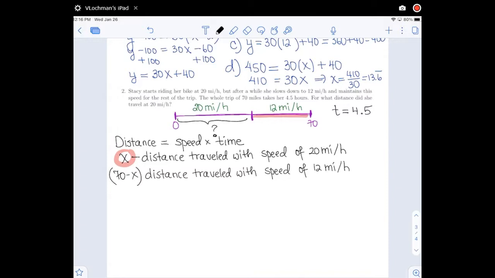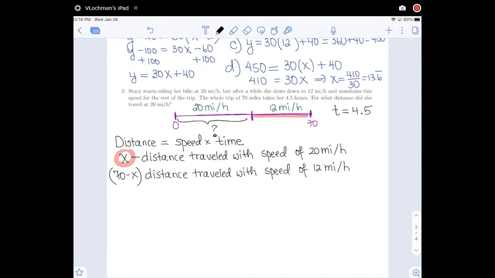It's that easy. 60. 60, yes. It's 70 minus 10, right? So if I tell you I traveled for 45 miles with the speed of 20, how long did I travel with the other speed? What's the answer? So 45. Yeah, Jeremy, how did you get that 25? You're right. Correct. Just subtracted 45 from 70.